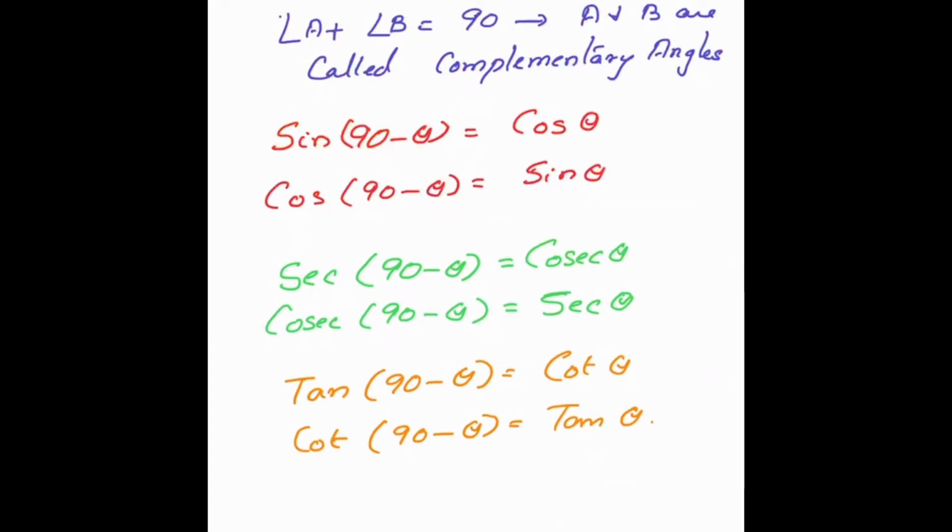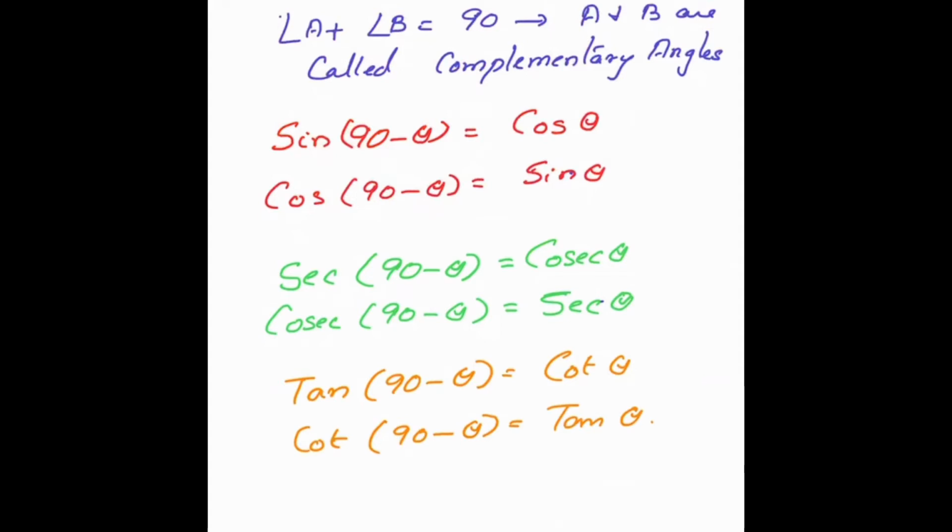So sin 90 minus theta. Because it is 90 minus theta, we have to convert sin into cos, cos into sin, secant and cosecant, cosecant and secant, and tan and cot, cot and tan. So sin 90 minus theta will become cos theta, and cos 90 minus theta will become sin theta.